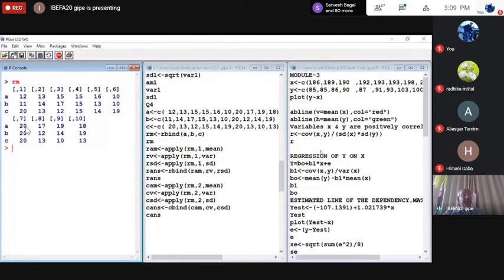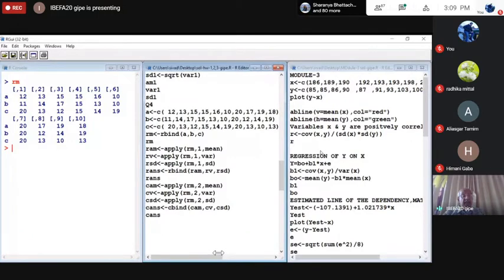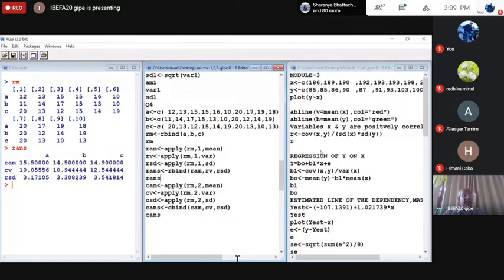So this is representing ABC, and 1, 2, 3, 4, 5, 6, 7, 8, 9, 10 students each. And for that, ABC's arithmetic mean, variance and standard deviation are given. That is our answer.